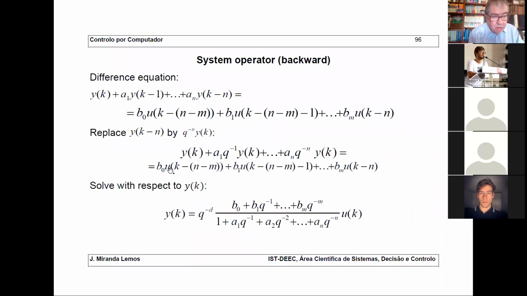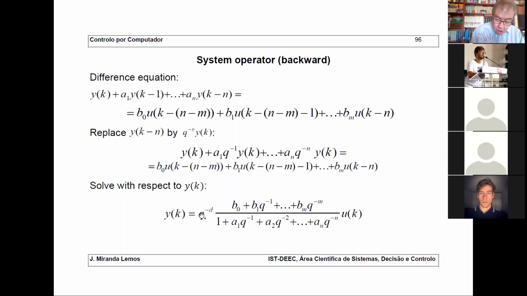Remember that b0 multiplies u of k minus (n minus m), and all of the terms in u are shifted by n minus m, and so on. Okay, minus 1, minus 2, etc., up to k minus n. So you have this extra term.